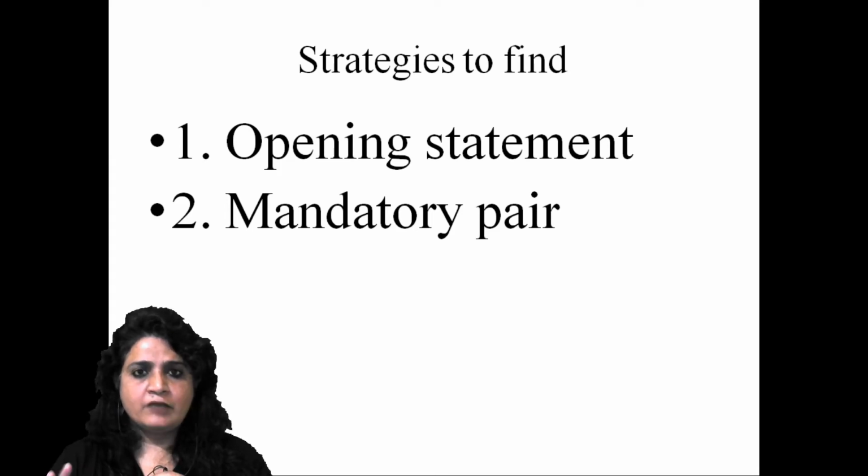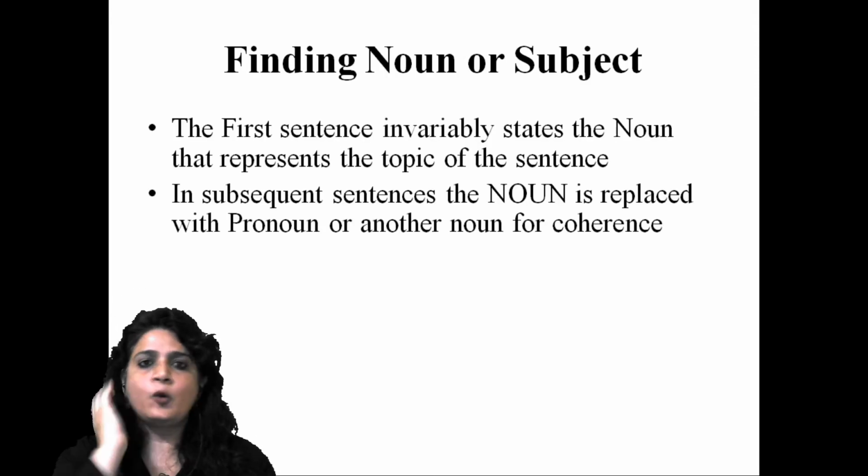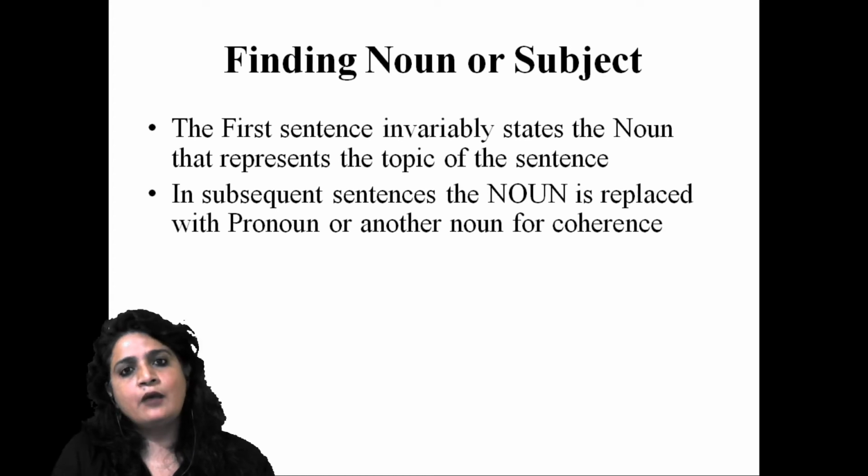Because of some grammatical link, some verbal link, or some logical link, there's some connection in these two sentences, and in your answer it has to be A and B, not B and A. So if you can play around with your mandatory pair, you can fetch your answer very easily. So let's discuss some strategies to find the opening statement first, and then we will talk about how you can find your mandatory pair.